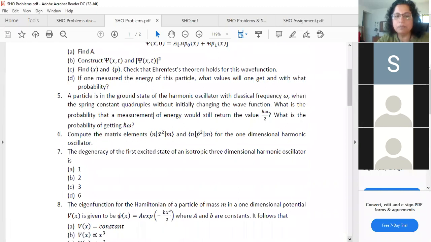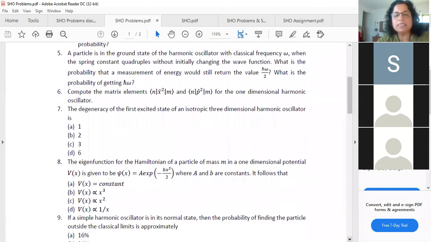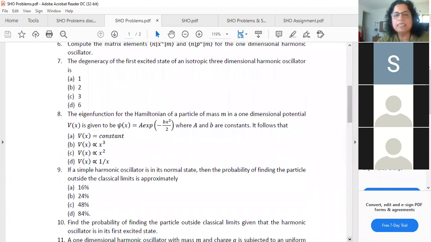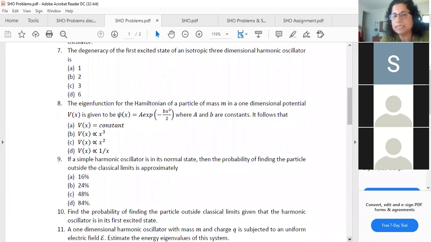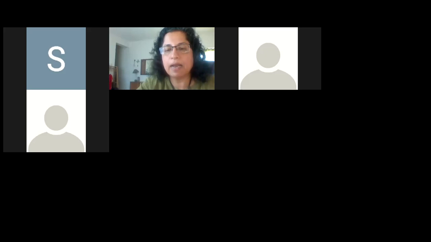It's an MCQ. What it asks is essentially: the degeneracy of the first excited state of an isotropic three-dimensional harmonic oscillator is, and then it gives you certain numbers: 1, 2, 3, and 6. So let me see whether I have a written solution.